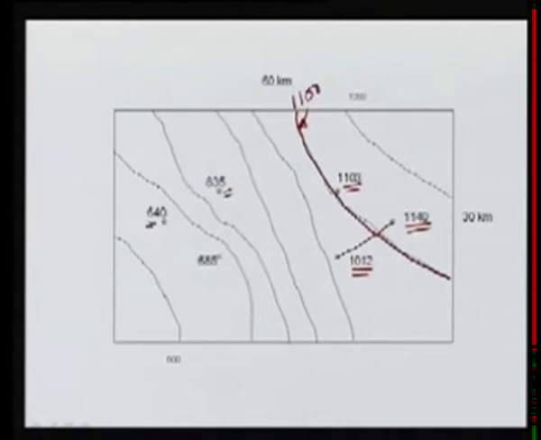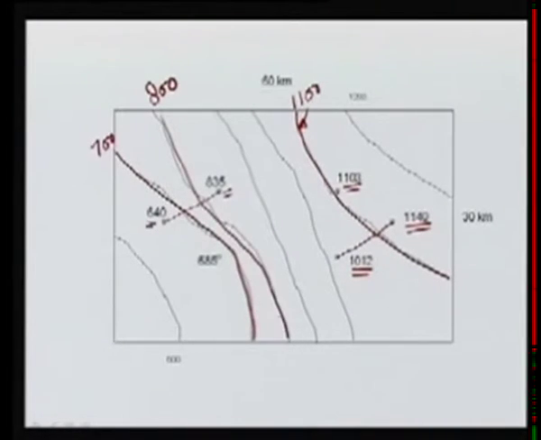Similarly, between these two points we can say that there will be some point of 700 and there will be some point which will have 800. So we can draw these isohyets which will represent 700 and 800. So these are called the isohyets.